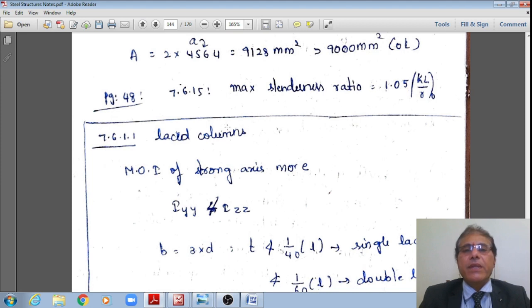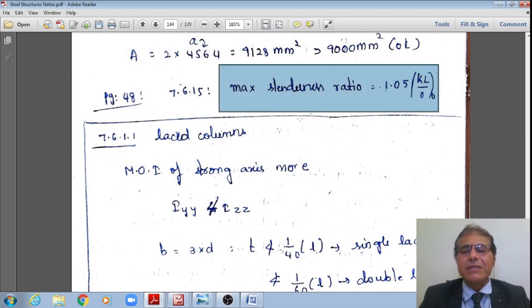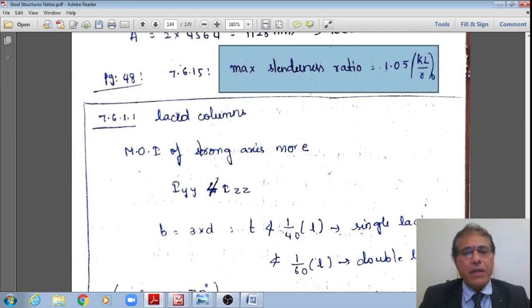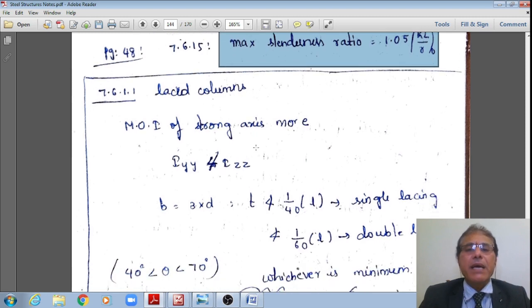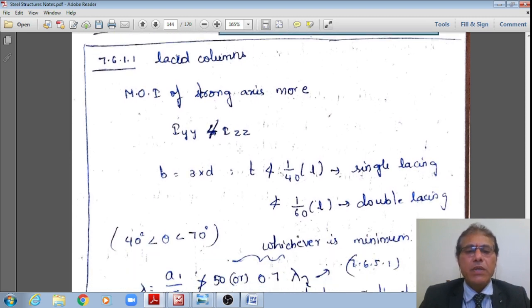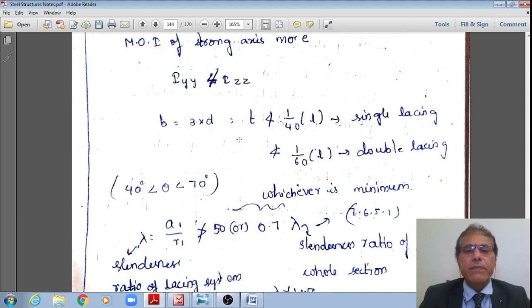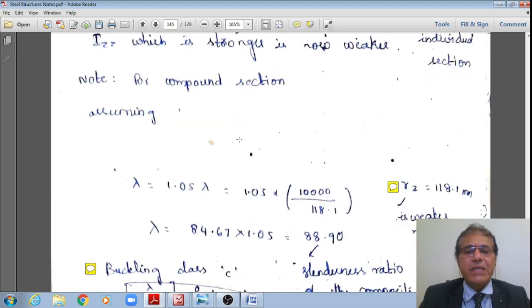Once I fix the trial section, students, let me see the next. I need to fix the section. However, the maximum slenderness ratio in this case for this battened built-up section should be 1.1 times KL by r. Before that, I'll also fix it.